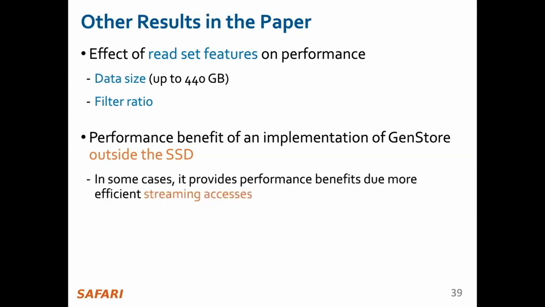And we observed that in some cases, it provides performance benefit due to more efficient streaming accesses, but it provides significantly lower benefit compared to GenStore because it does not alleviate the cost of data movement from storage, and also due to larger data sizes.